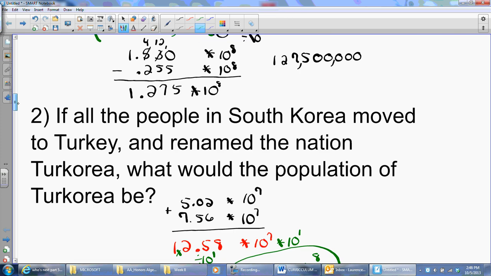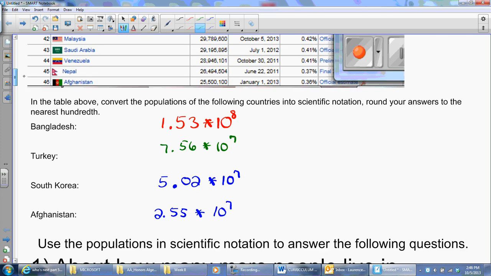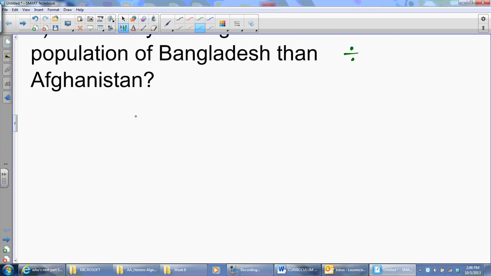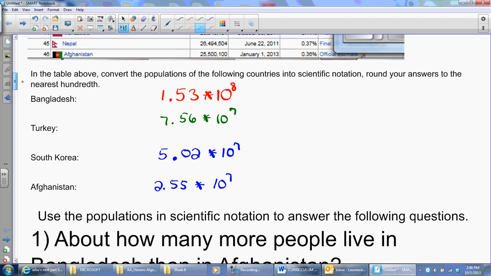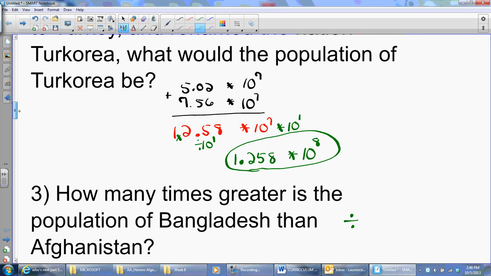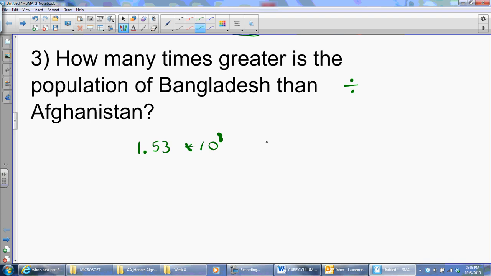So what are we comparing here? We're comparing Bangladesh and Afghanistan. Okay, so I've got 1.53 times 10 to the 8th, and I'm comparing Afghanistan, 2.5 times 10 to the 7th. Okay.